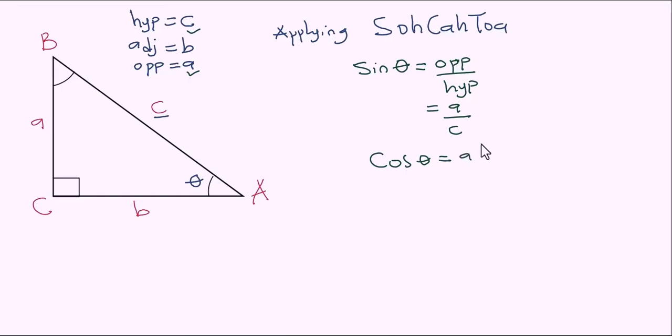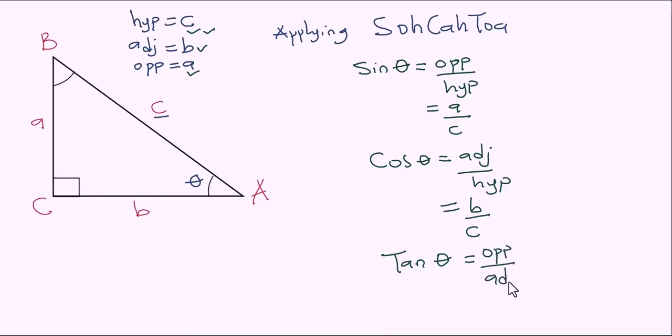Cos theta is adjacent over hypotenuse. And our adjacent here is B, and the hypotenuse is C. So we'll have B over C. Then up next we'll have tan theta, which is equal to opposite over adjacent. And opposite here is A, and adjacent here is B.